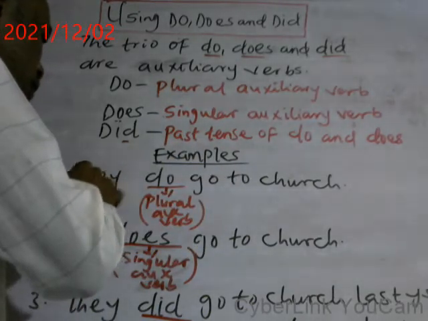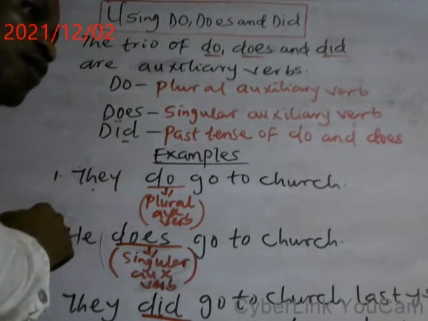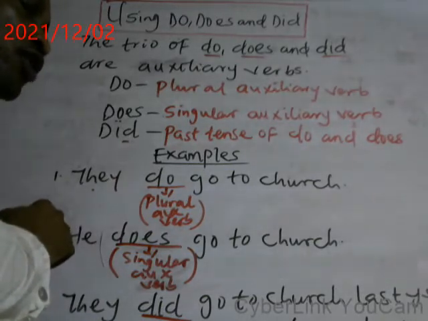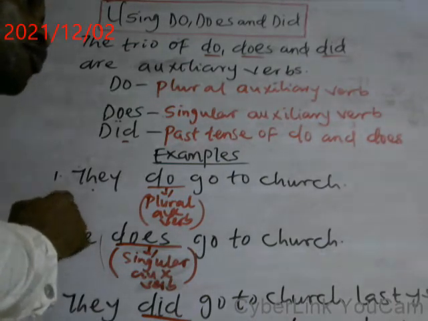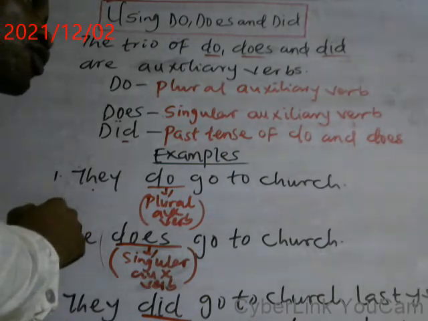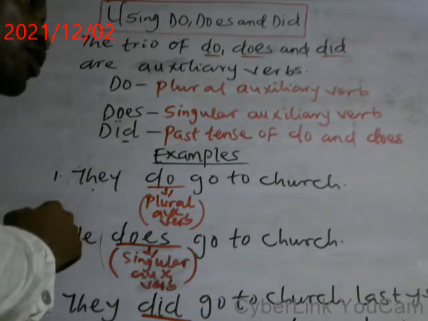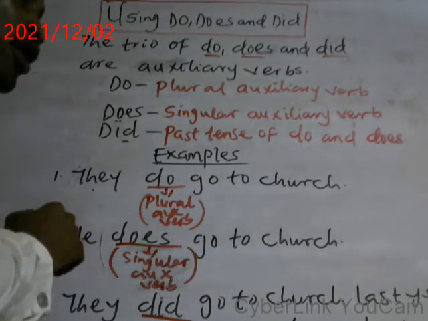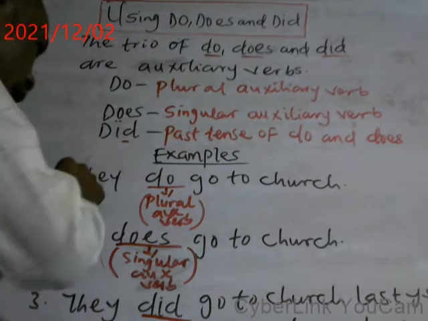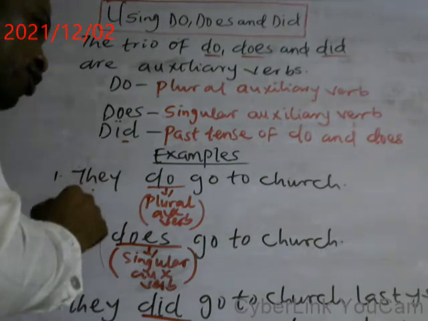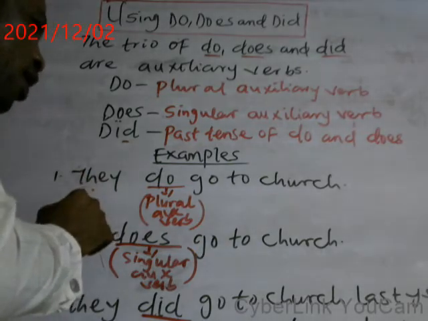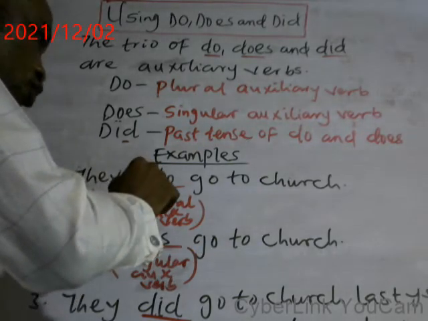When you look at this, they brings about a plural subject because they is a subject pronoun. But as a subject pronoun, it can only be used as plural. So because I have they, which is a plural subject pronoun, then I can use do.